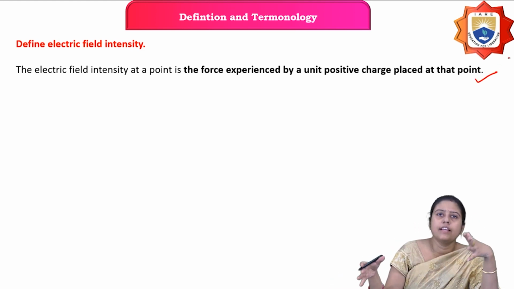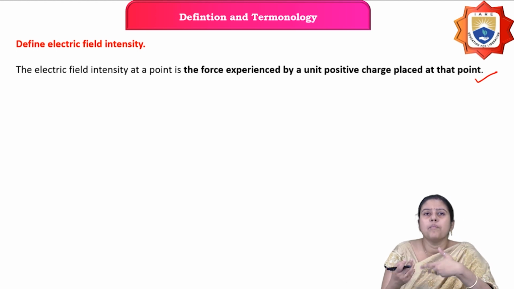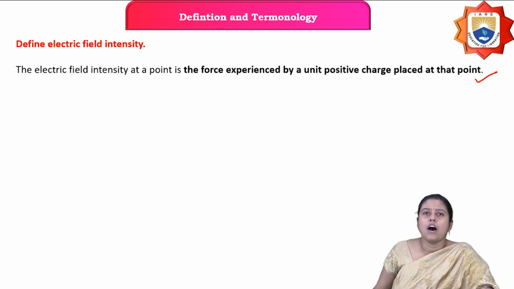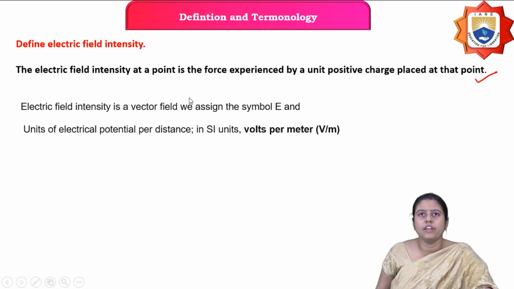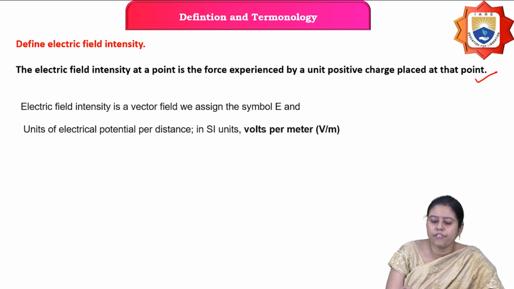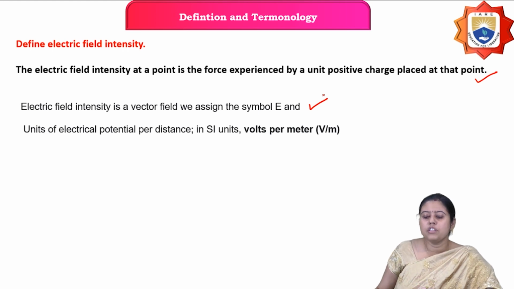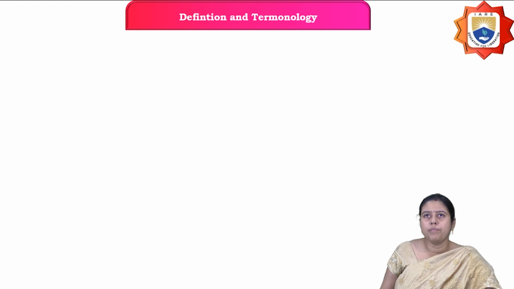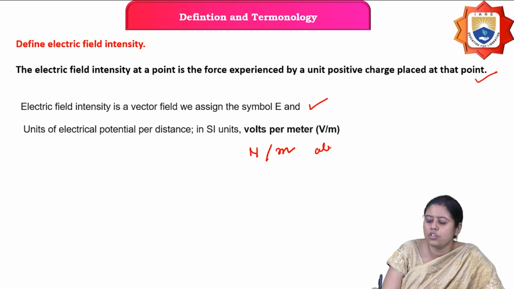If there is an electric field and we keep one unit positive charge, how much force it will feel is known as the electric field intensity. Electric field intensity is a vector field and we assign it the symbol E. The unit we generally take is volt per meter, but sometimes we take the unit as Newton per meter also.